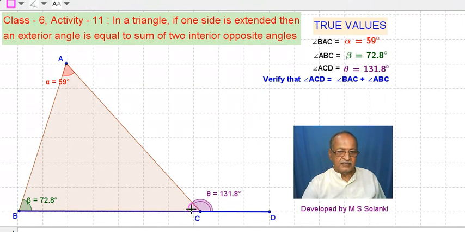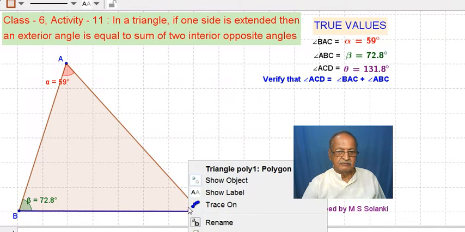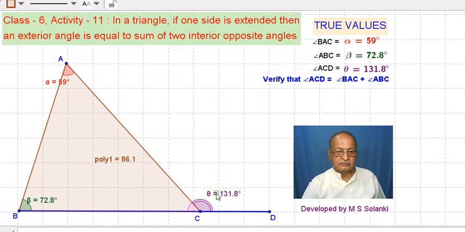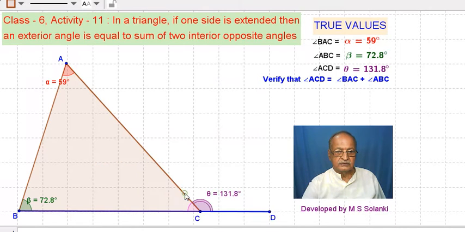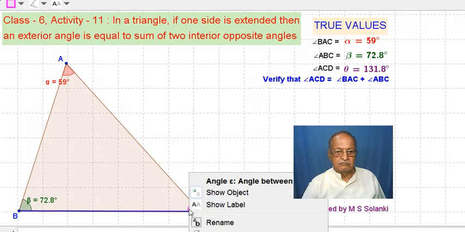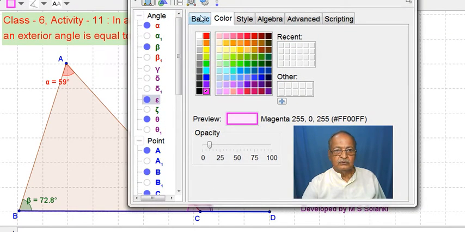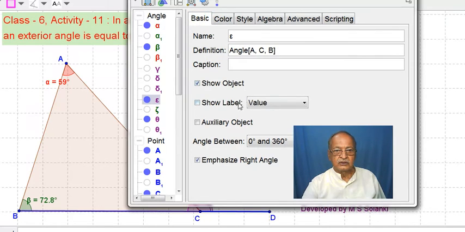So let us check what will be the value of this.